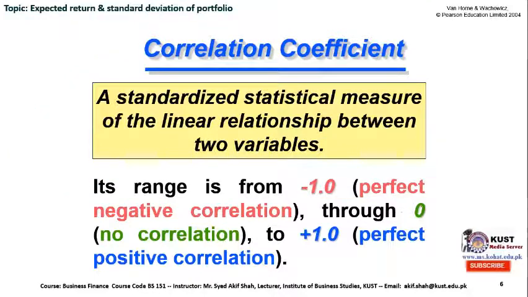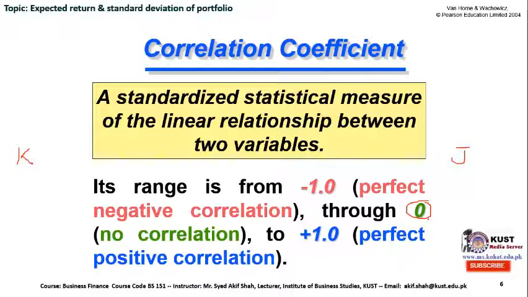Similarly, if there is zero correlation found between stock K and stock J, then the financial manager or the portfolio manager can infer that there is no relationship between the movements of stock prices of K and J. One variable has nothing to do with the second variable.